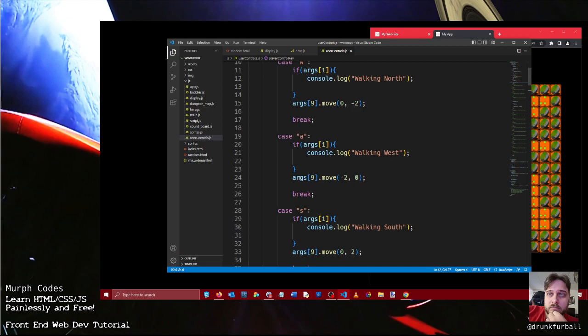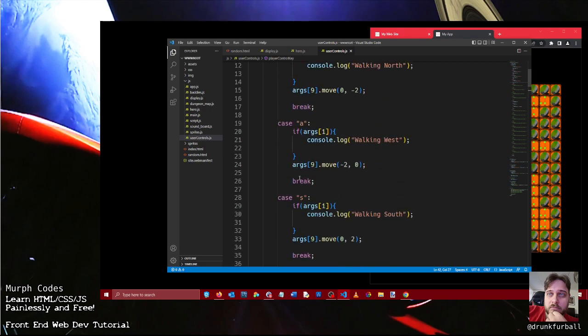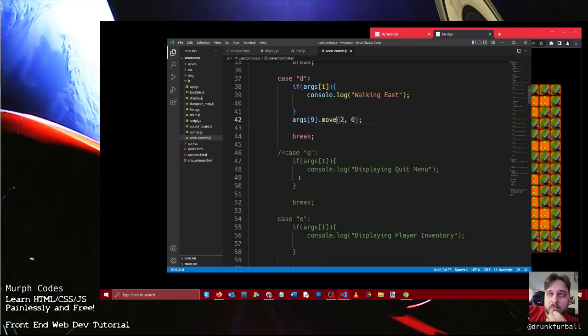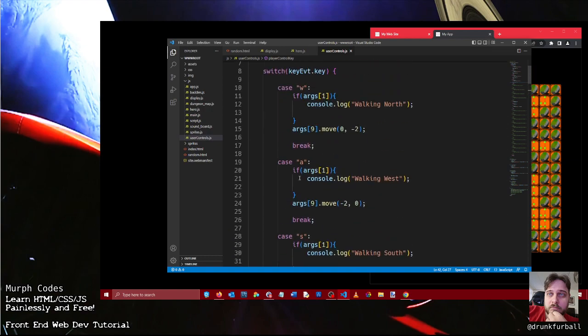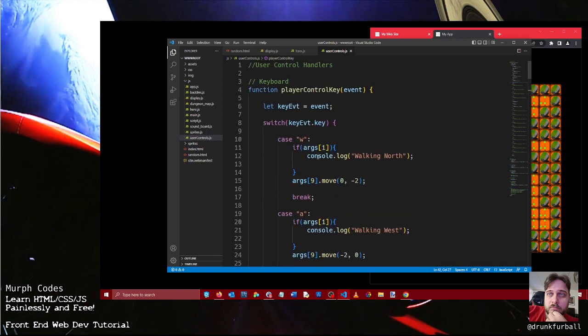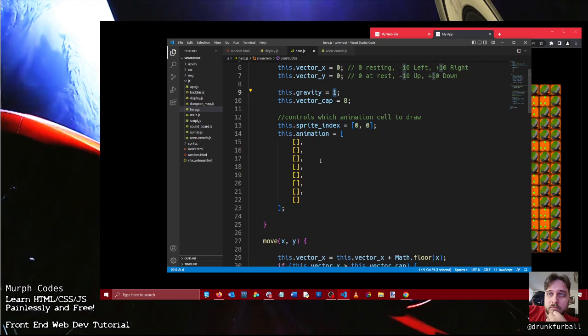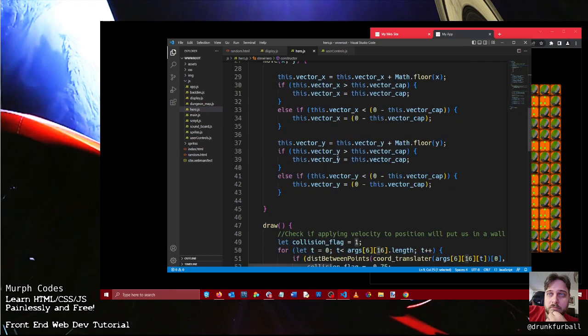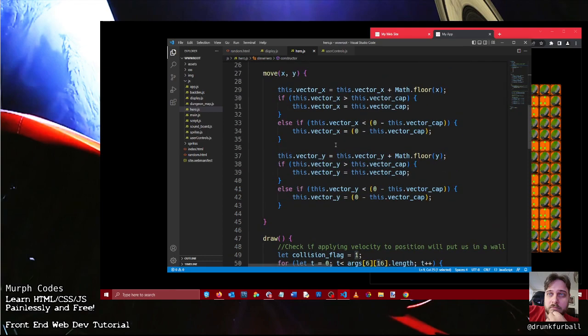So we've got our key controls. We have our movement. I simplified this. Before I had it so that there was an amount of gravity that had to be overcome in order to start moving, but I made it so that initial movement would just make you overcome that gravity anyway.